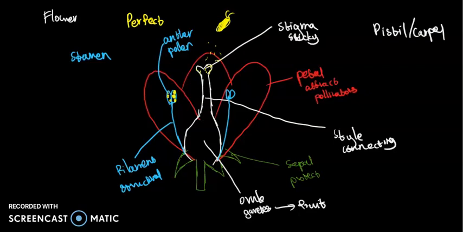After sticking to the stigma, it forms a pollen tube, and the pollen tube grows all the way down until it meets the ovule, and it can form a seed. To form a seed, you need both the pollen and the ovule to combine, and after the seed has formed, the ovule undergoes a structural change which makes it a fruit.